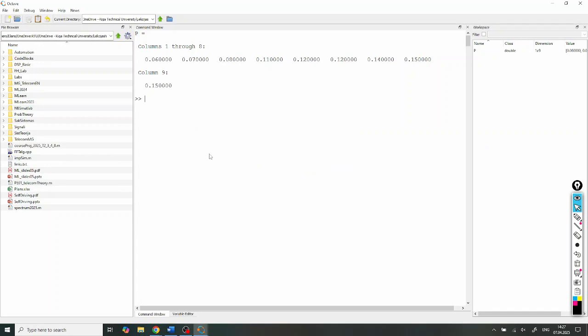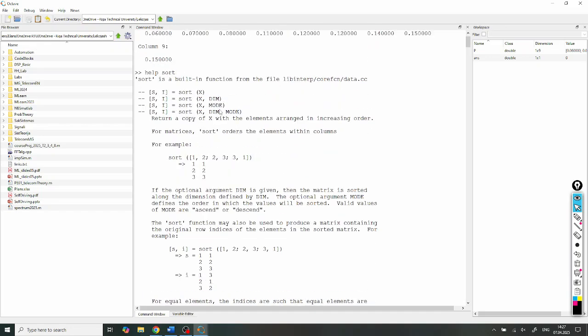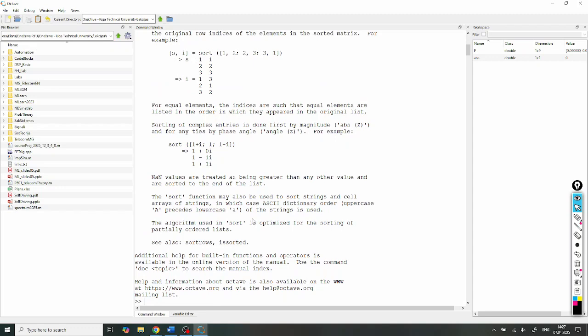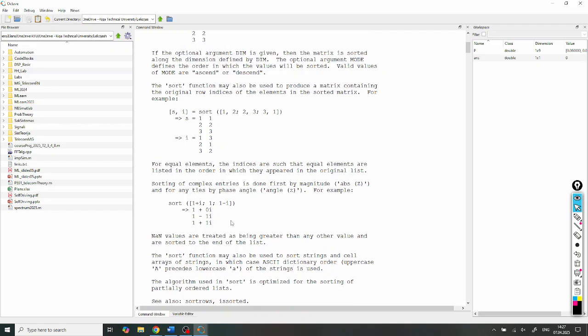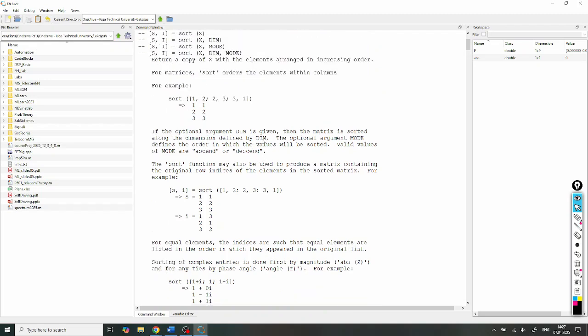So let's get help on sort to see how we specify this parameter. Yes, there is a parameter you can specify, like mode, I believe. So ascend or descend. You see that there are valid modes.